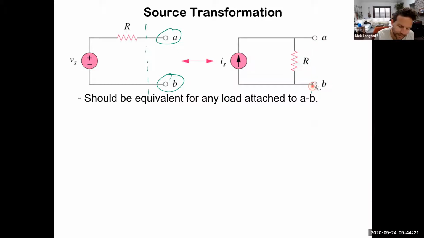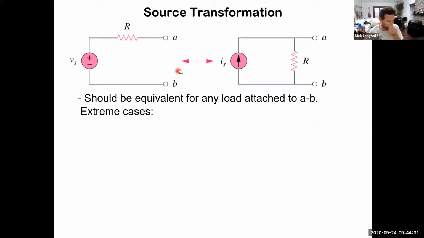What you want to look at then are the extreme cases. The extreme cases would be a short circuit, and the extreme cases would also be an open circuit. So let's take a look at a short circuit here. So no matter what we replace it with, it should look the same. If we go ahead and short this, we place a wire there from A to B, and we now have a load current IL.